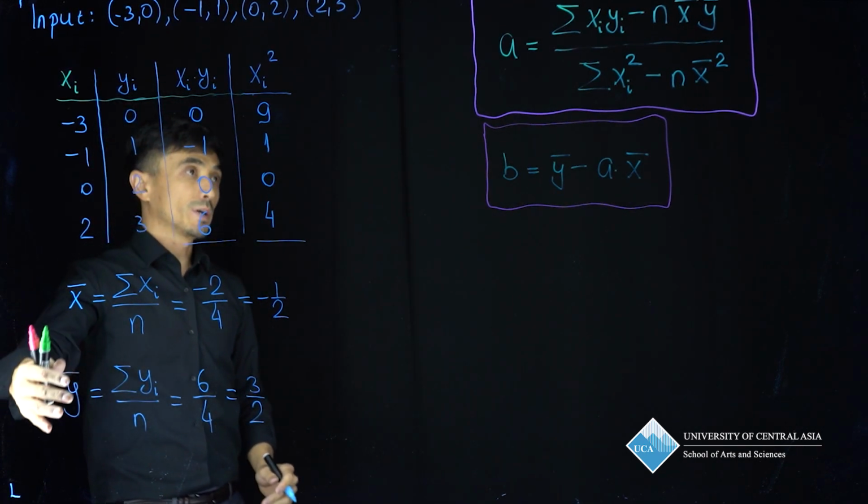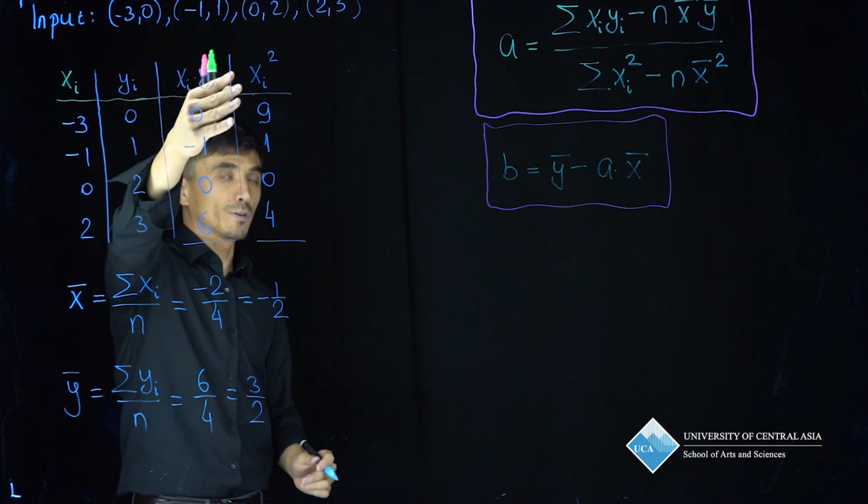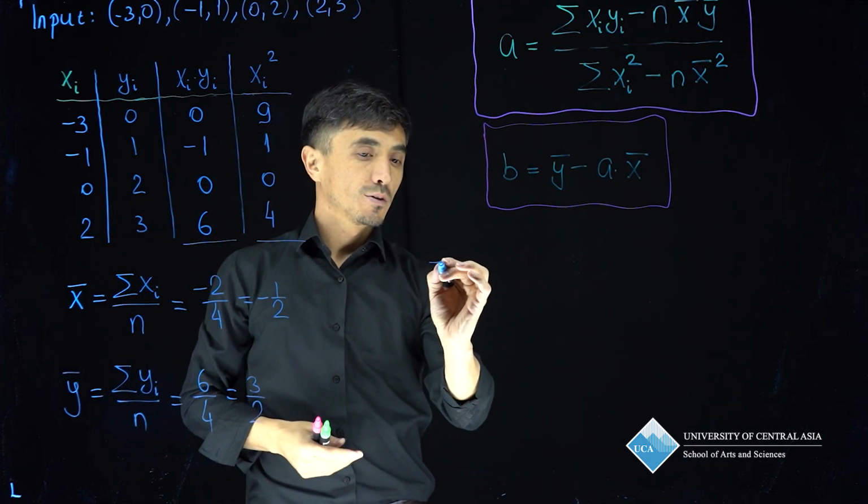Now we have x bar, we have y bar, and we know the sum of the product of xy, and we know the sum of the squares of x. Now we can put them into this formula.